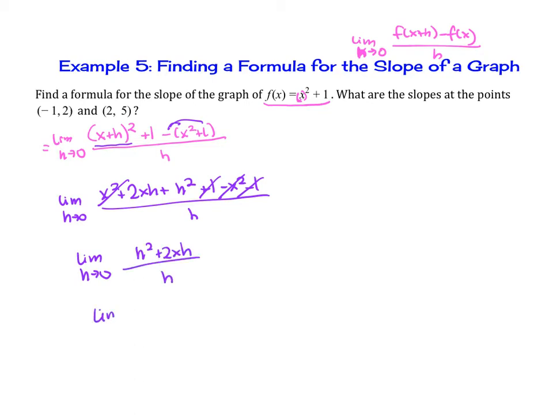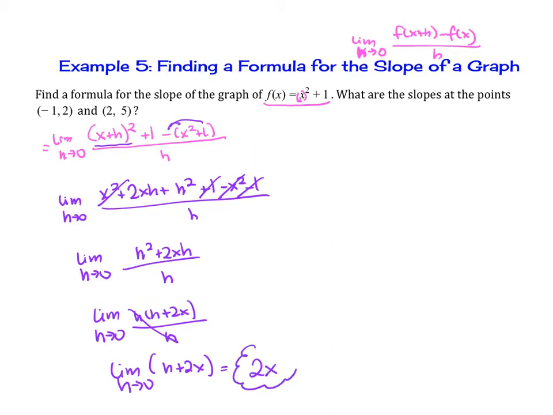We can factor out an h, so this is h plus 2x over h, or the limit as h approaches 0 of h plus 2x. And then when we plug in 0, we're going to get 2x. So that's one thing that we're looking for, a formula for the slope of the graph. There it is, 2x.